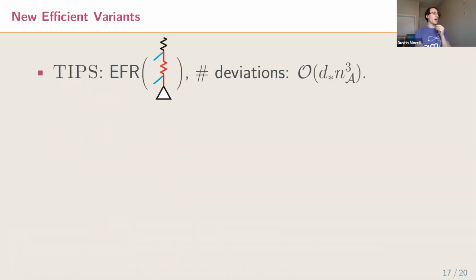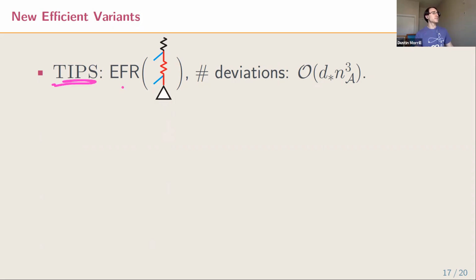Now we can also, as I mentioned before, we're excited about these partial sequence deviations that are both efficient and powerful. And so we can get new versions of new algorithms by instantiating EFR with these deviation types. So if we use the twice-informed partial sequence deviations, that's the strongest form of deviation that we described under the set of partial sequence deviations.